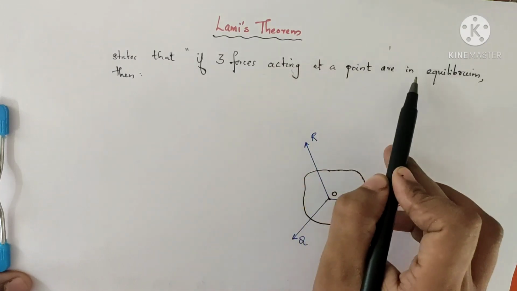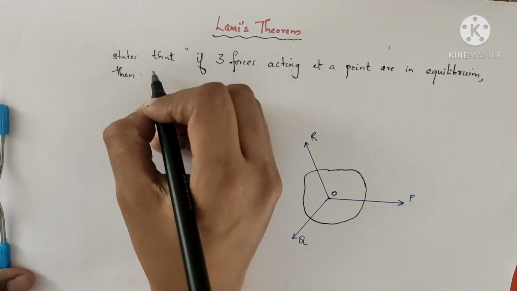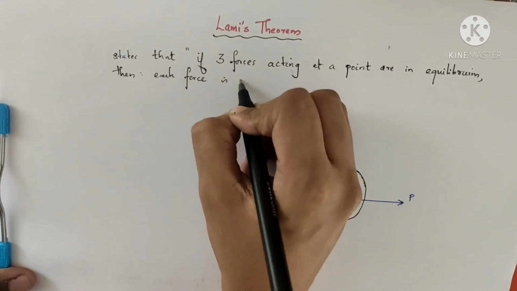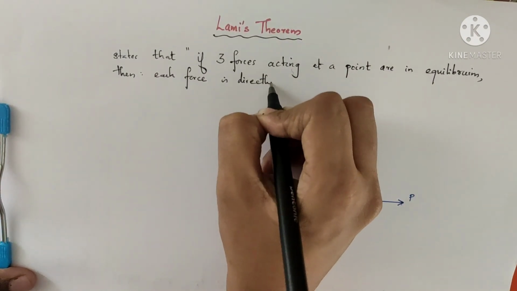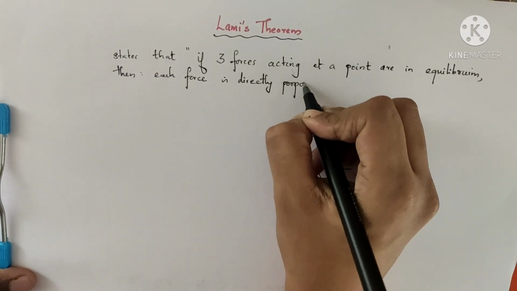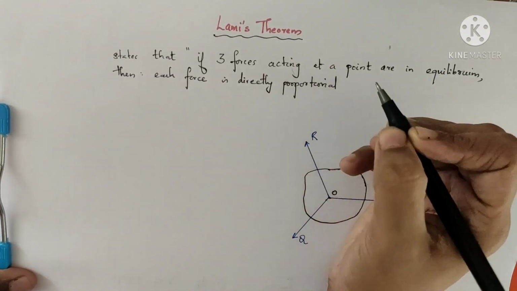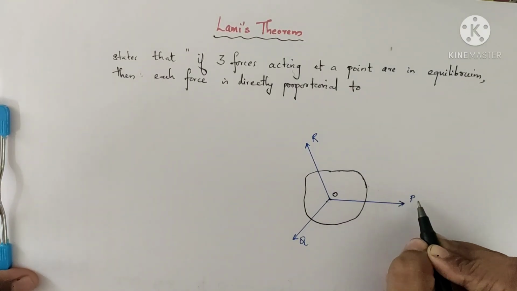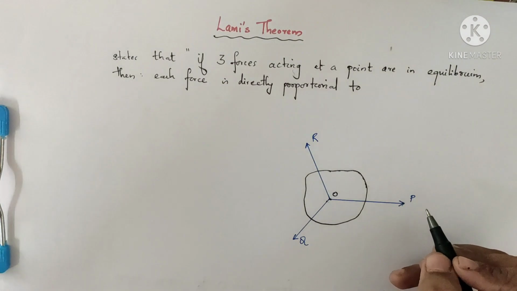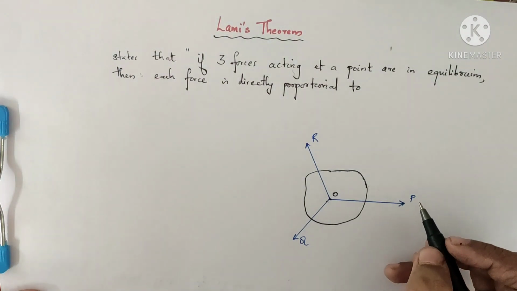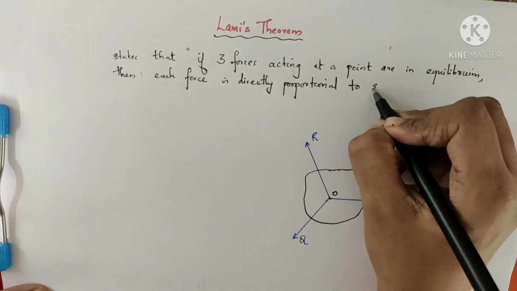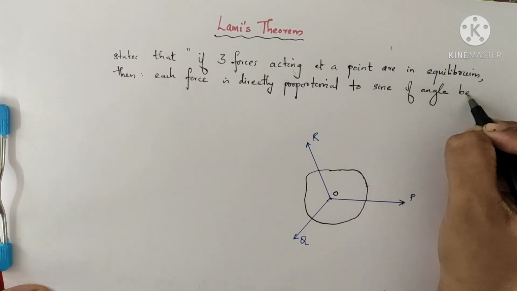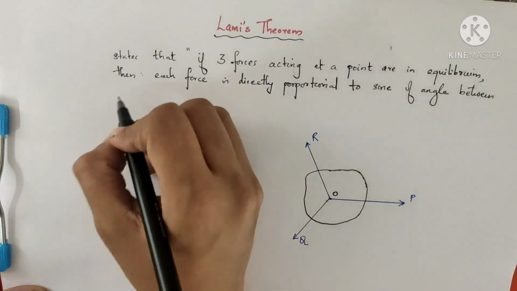If three forces acting at a point are in equilibrium, then each force is directly proportional to the sine of the angle between the other two forces.